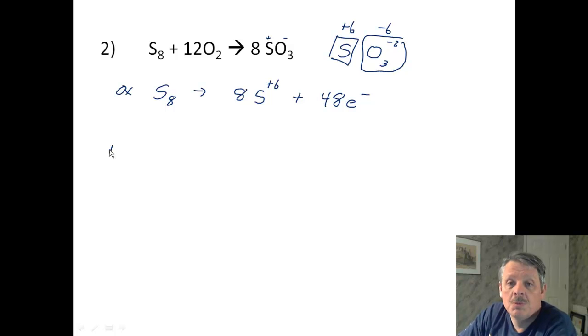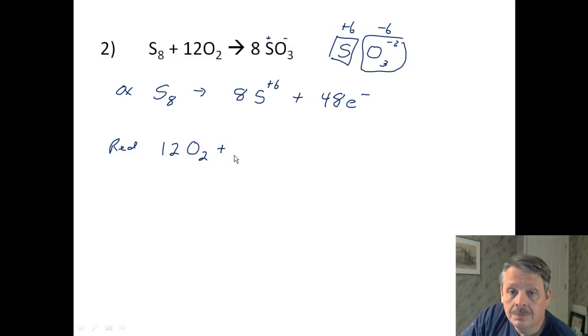Well, what's my reduction half reaction? I'm going to write this as a whole thing, and then break it down and reduce it. I have 12 O2s, and they're going to have to gain some electrons. Each one is a -2, and there are 12 of them, so that's 24. Actually, that's not right.